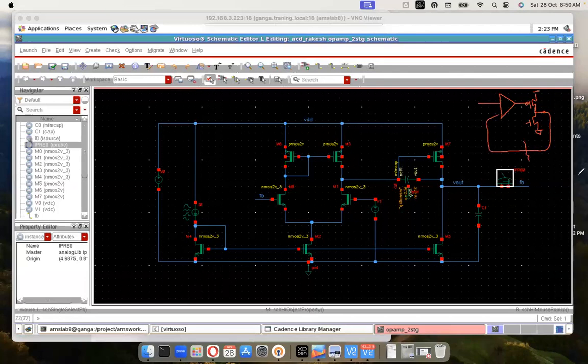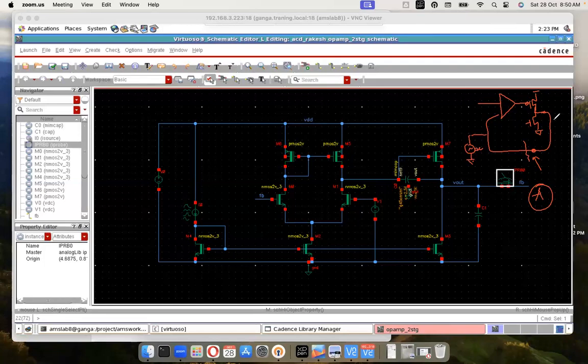You would like to break the loop somewhere, and ideally once you break the loop, you are supposed to give an AC signal here and see what amount comes back here. That's your AC response, right? You give an input here, AC input, and see how much amplified it becomes. That will give you a gain A. Gain of the system you will see at the output node.